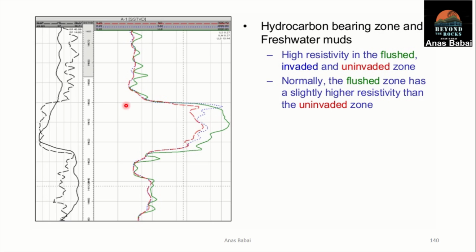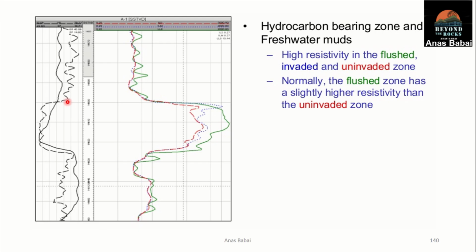And in this scenario, if we check the gamma ray log response, which is this line here, we see that along this interval we have a low gamma ray response, which indicates that this formation is clean.